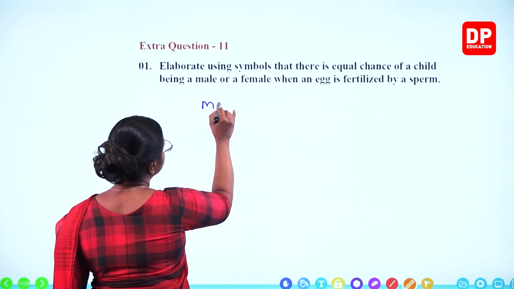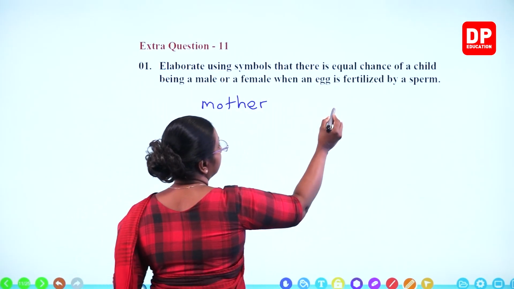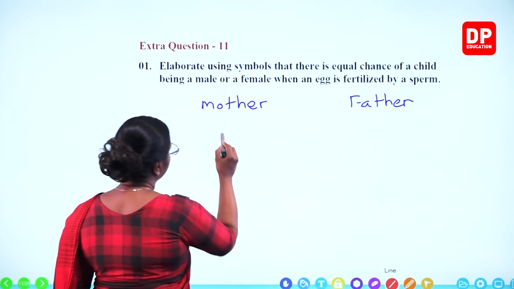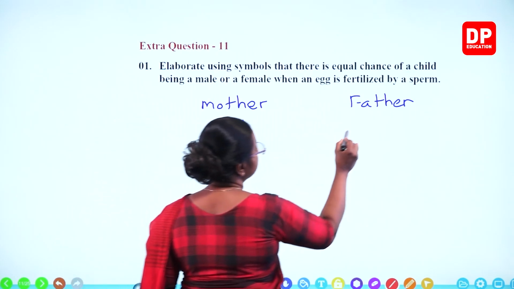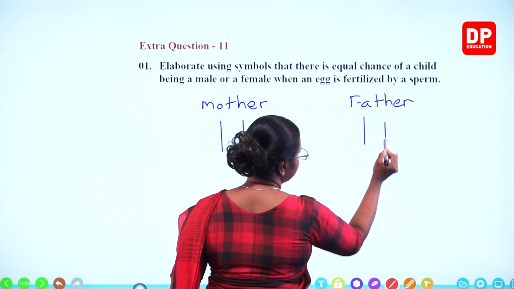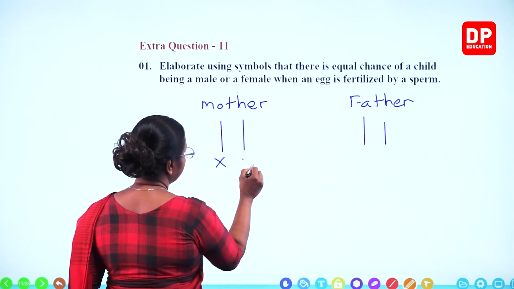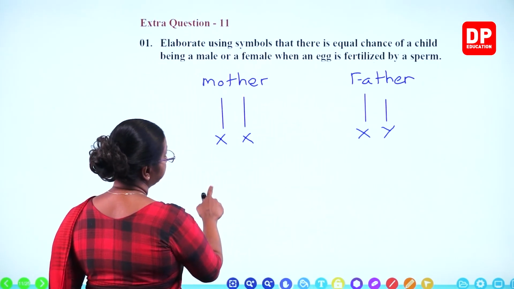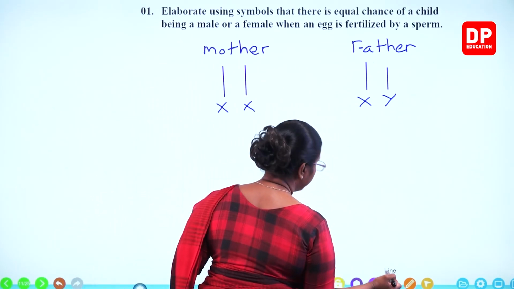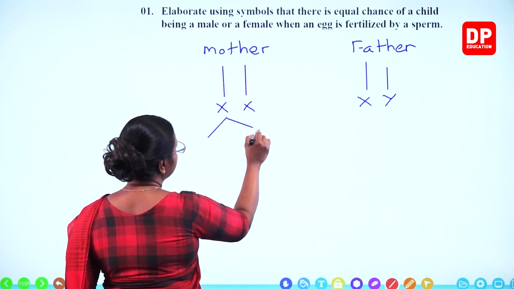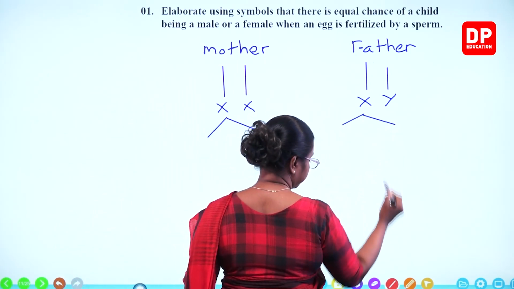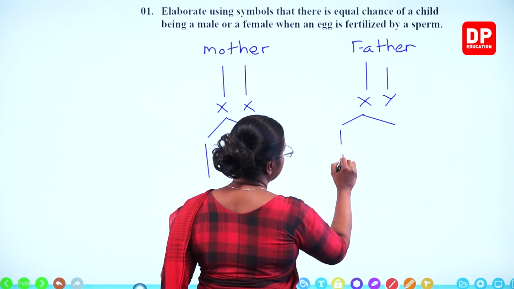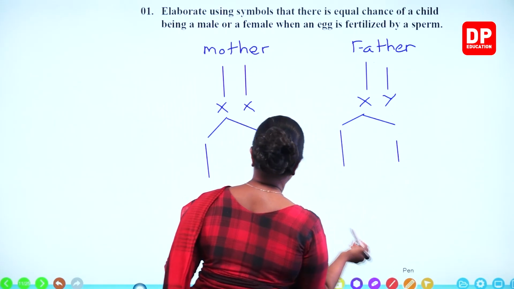We can say mother, father, mother, both are X chromosomes. Father, one is X, the other one is Y. X, X, X, Y. So from there, you get the egg and the sperms. So here both eggs are the same, but here the sperms are different.